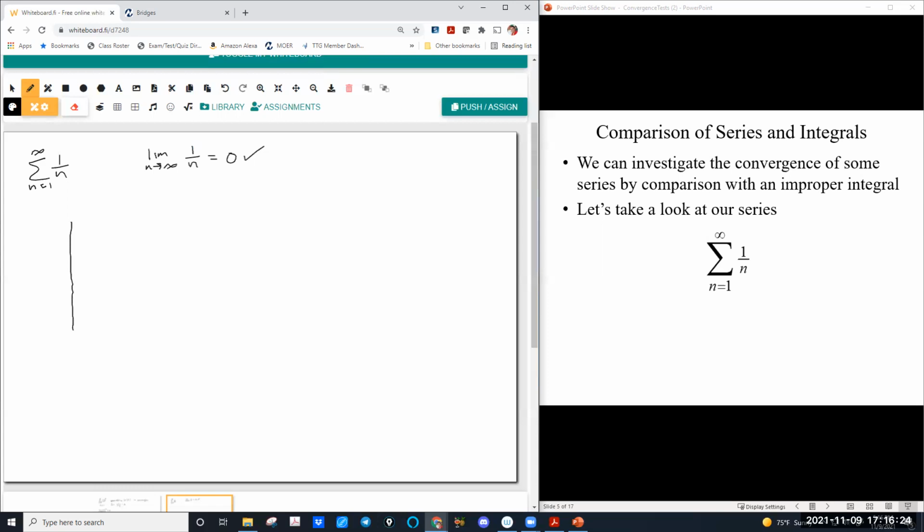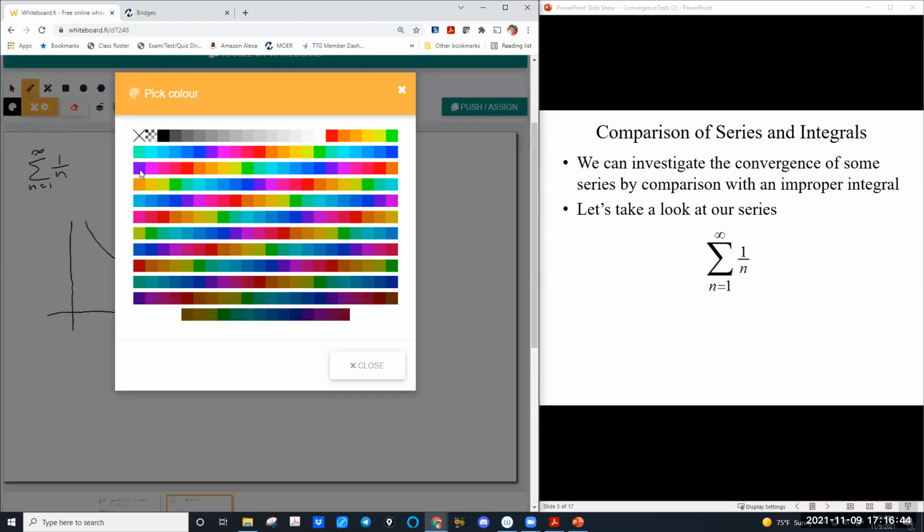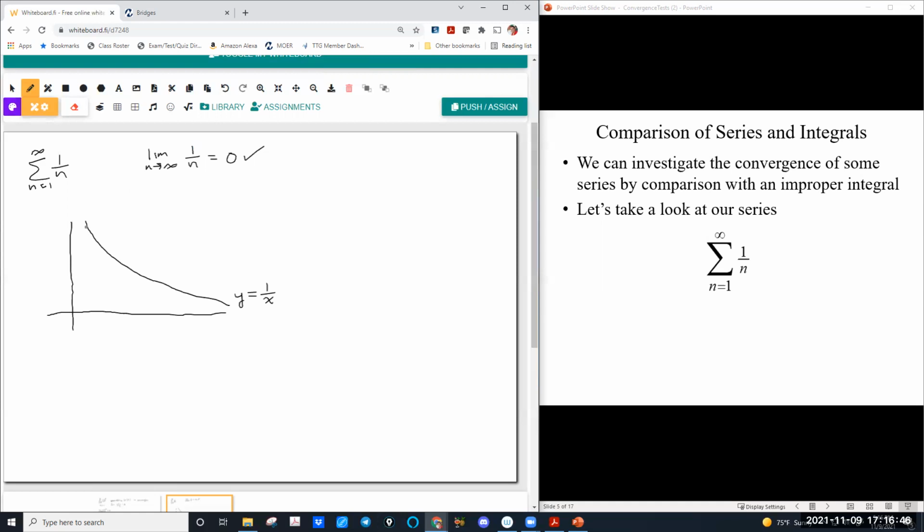Well, I'm going to give you a pretty interesting little argument here, and then we'll formalize it. This is the graph of 1 over x. Let's say 1 is right here.